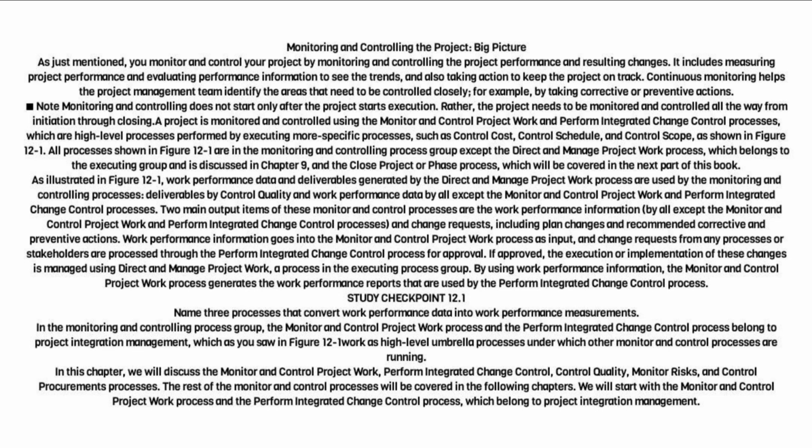In this chapter, we will discuss the monitor and control project work, perform integrated change control, control quality, monitor risks, and control procurements processes. The rest of the monitor and control processes will be covered in the following chapters. We will start with the monitor and control project work process and the perform integrated change control process, which belong to project integration management.